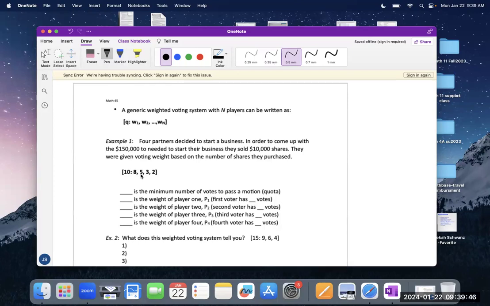The second player has a weight of 5 votes. The third player has a weight of 3 votes, and the last person has a weight of 2 votes.